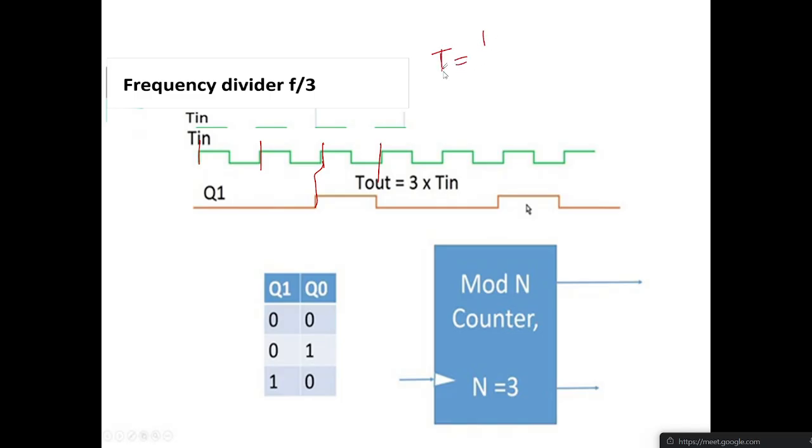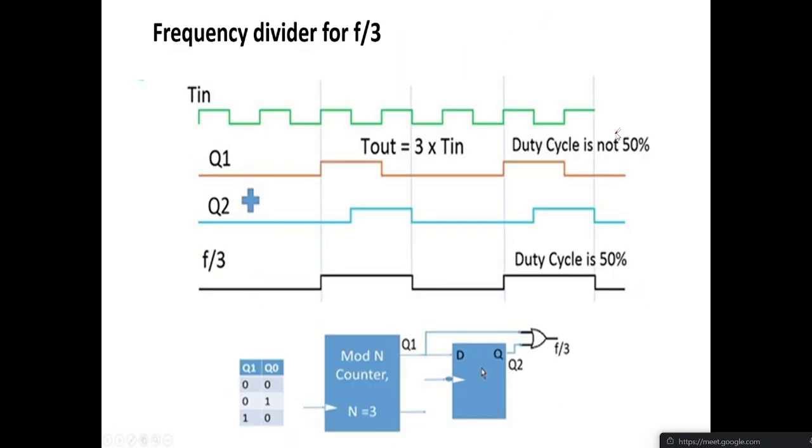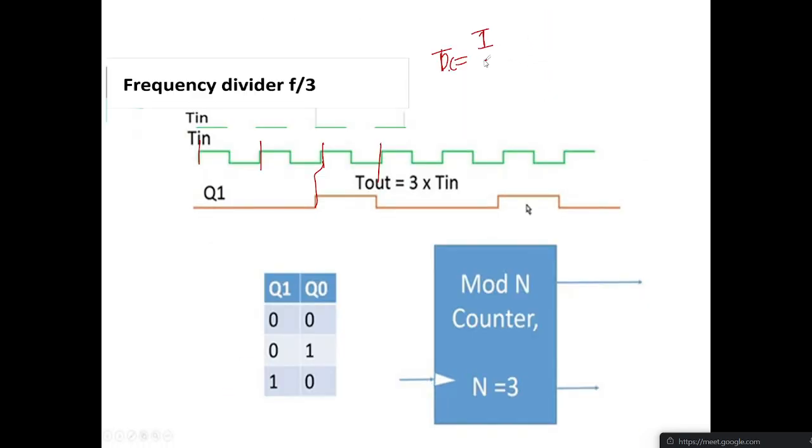Duty cycle is T on divided by T on plus T off, into 100, which is 1 by 3 into 100. You are getting 33.33% when you are using a mod 3 counter.